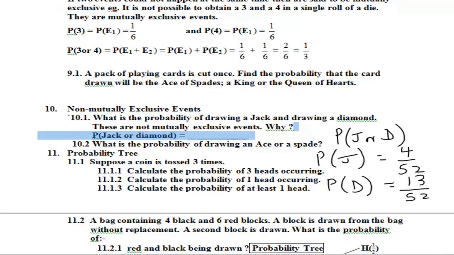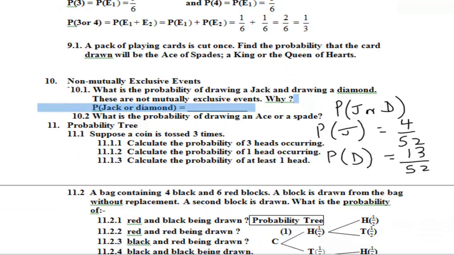But there is one which is the jack of diamonds. So it's included in that and included here. So these are non-mutually exclusive. You can see the reason for that.